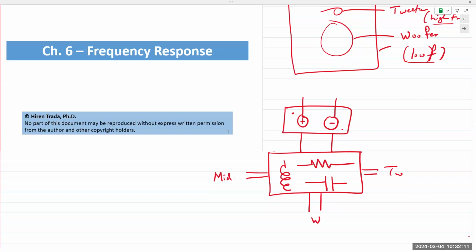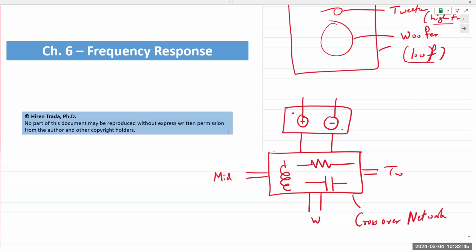What the circuit is doing, it is filtering out certain signals based on the value of the incoming frequencies. Okay, so all of the frequency signals are coming from your amplifier or your receiver, and it's going into the speaker box. The first thing it encounters is this circuit. And the circuit is known as a crossover network. Crossover network or a crossover circuit.